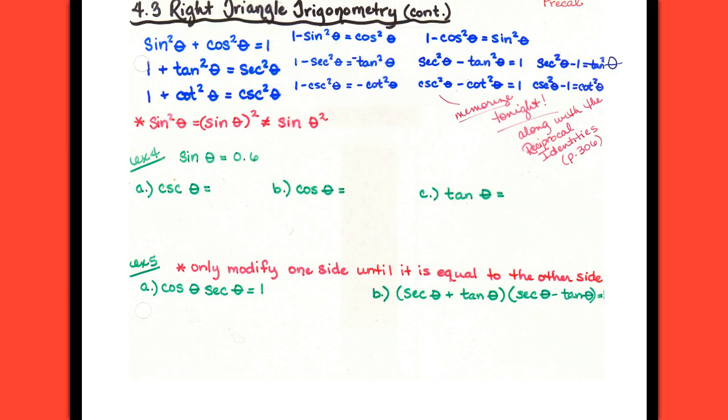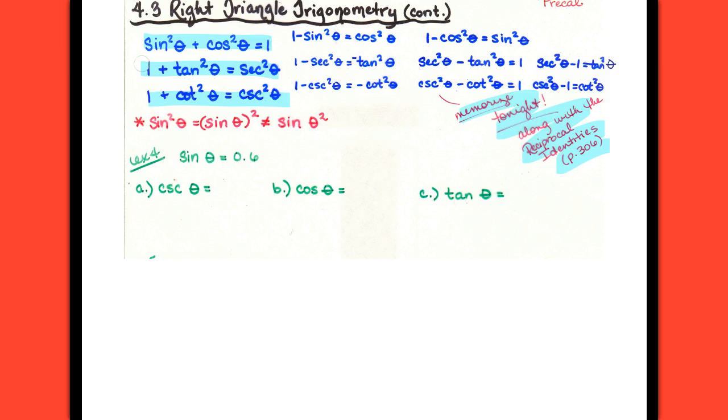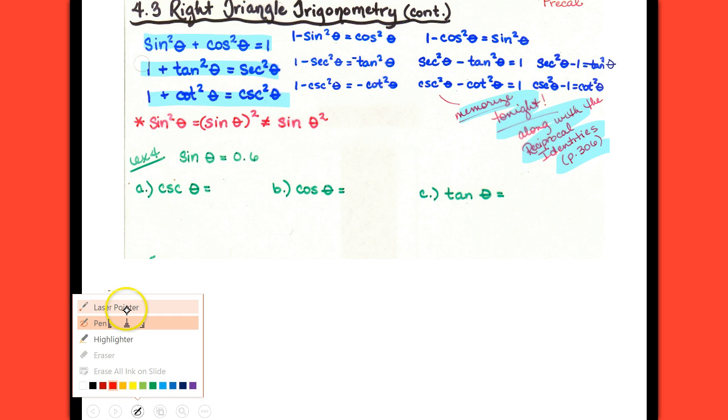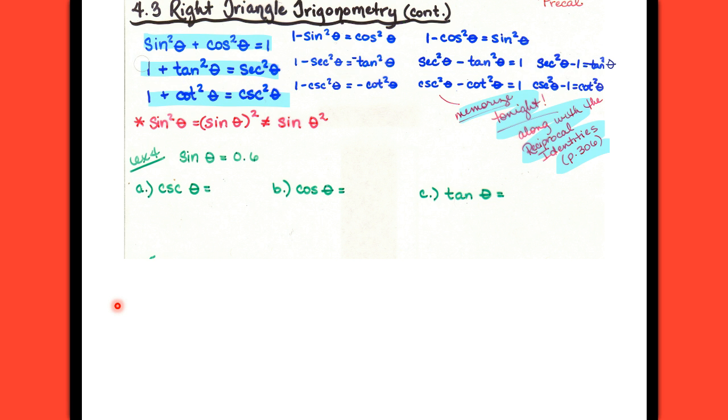But the next three that they give you are called Pythagorean identities, and we don't know those yet, so we want to be sure that we memorize those tonight along with those reciprocal identities. Even though we're already familiar with them, we want to make sure that we can recognize them in their formal definition form. So tonight you need to memorize your Pythagorean identities along with your reciprocal identities there on page 306.